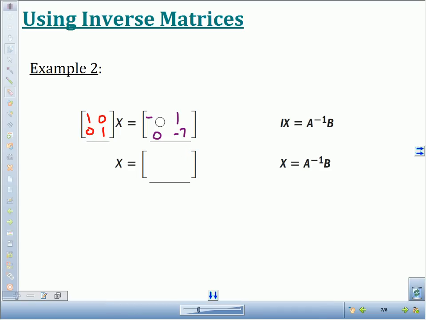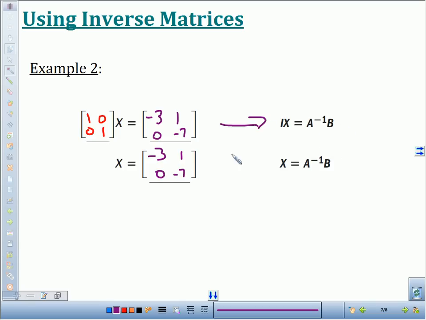So, since the identity matrix times X equals this new matrix that we've got here, that means that the X matrix simply equals the product of the inverse of A times B. And we can see these steps out to the side.